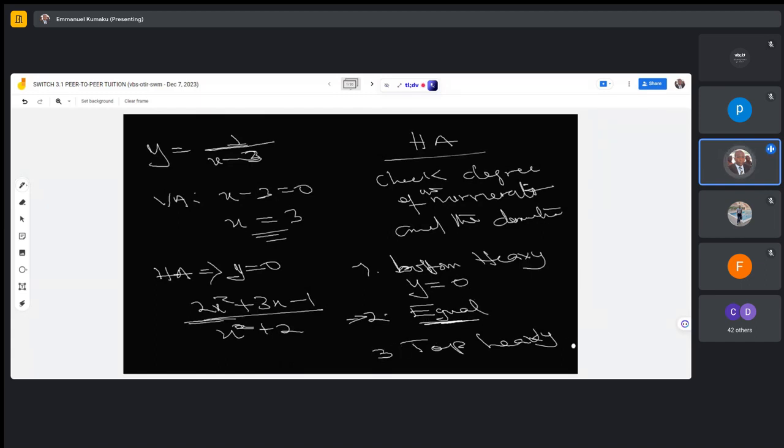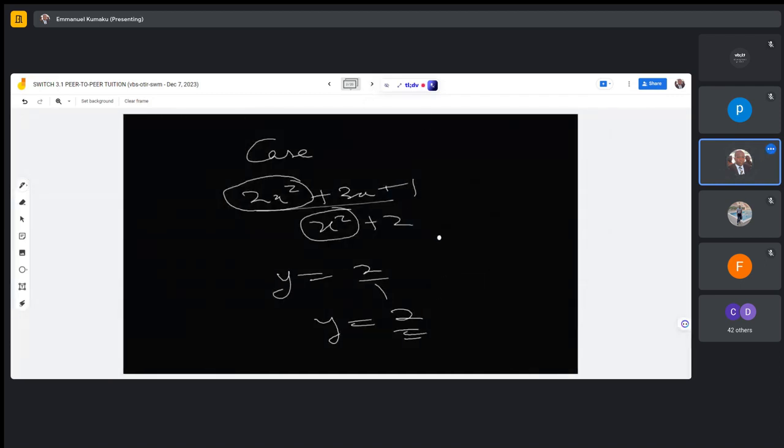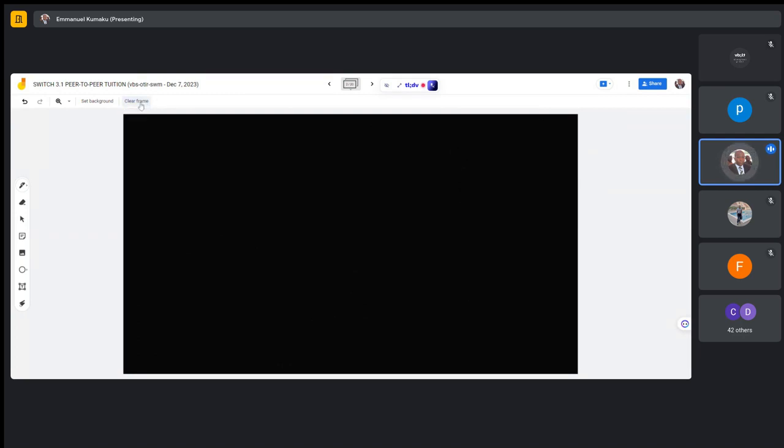Then a third scenario may arise. That is when the top is rather heavy. The degree of the top is bigger than the degree of the bottom. So we can have an expression such as x squared plus, let's say, 2x minus 1.